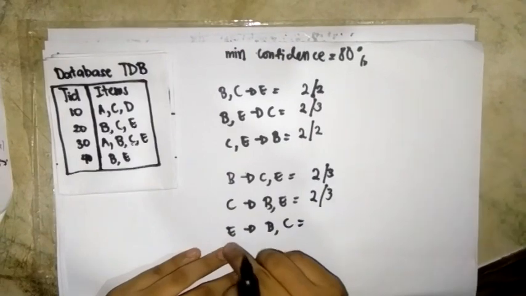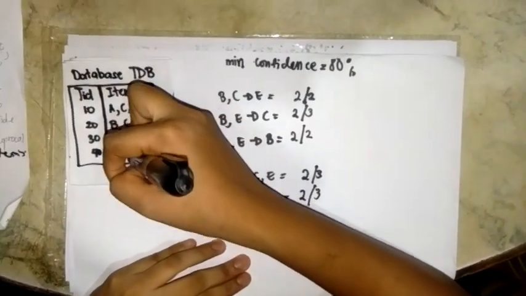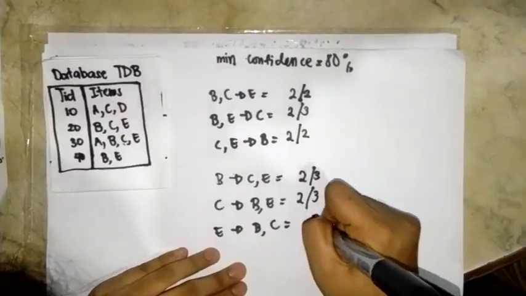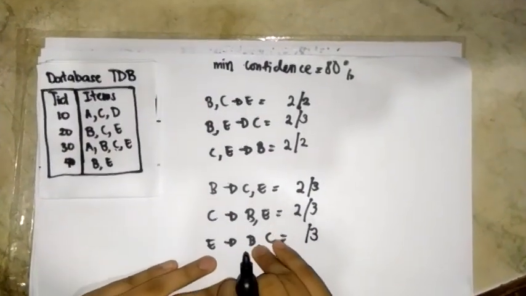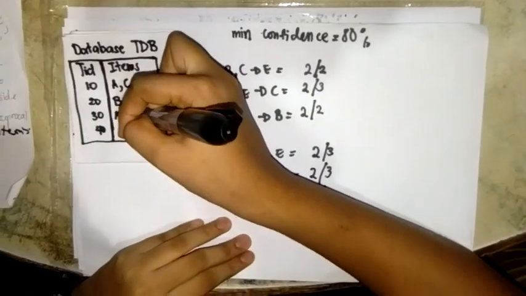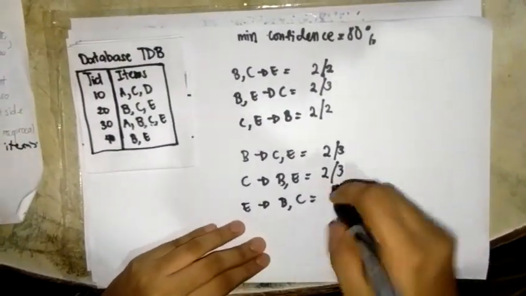How many E in the transaction? We have 1, 2, and 3. So let's put the answer on the right side. How many BC in E? So we have 1 and 2. So let's put the answer on the left side.